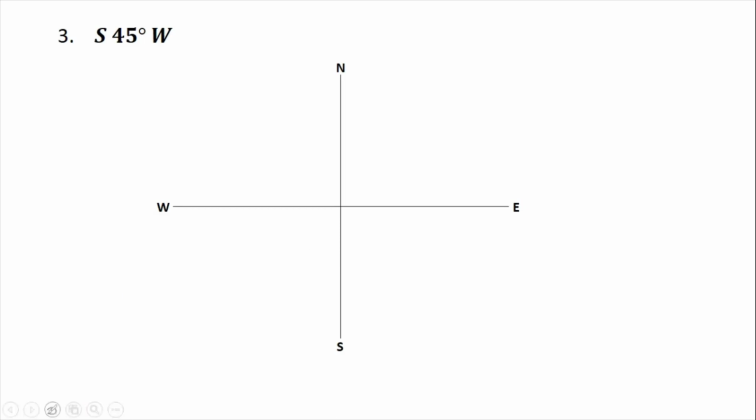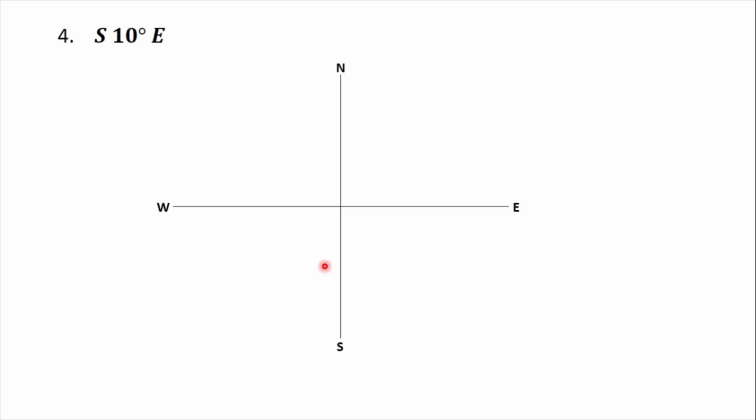Now 45 degrees is half of 90 degrees. So you make sure that your arc represents half of the total angle here, since between the south and the west, the total angle there is 90 degrees. So the arc should represent something about half. Okay, after you are done with that, you draw your line through here and you indicate the arrow sign on it. Don't forget to write the name of the angle there.